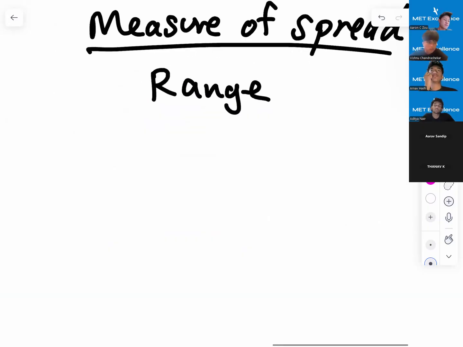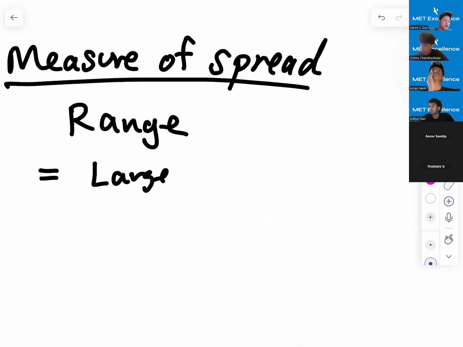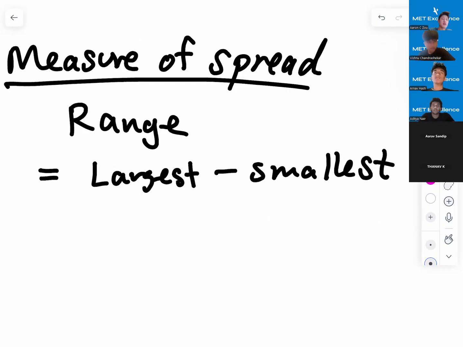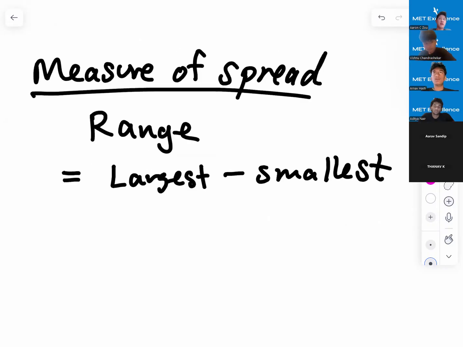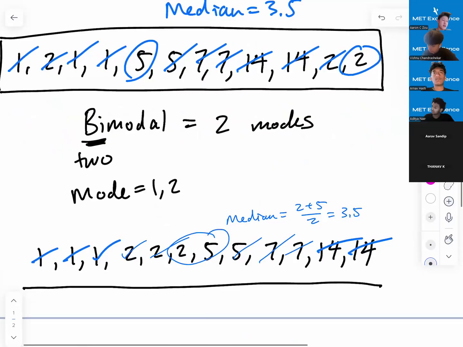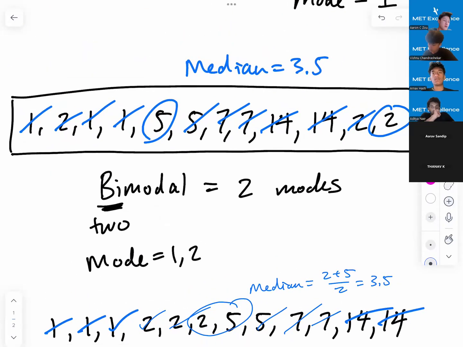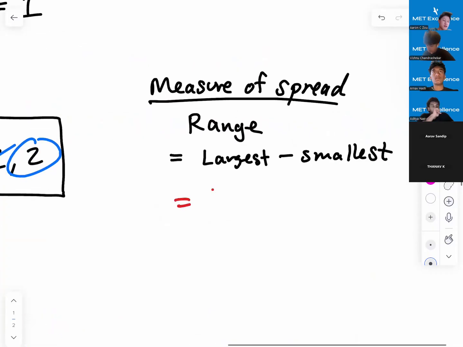The range is the largest number minus the smallest number. So this is pretty simple. If we want to find the range of our data set back here, I know there's a lot of writing on here, but the range would be 14 minus 1. So 14 is the largest number, 1 is the smallest number, so the range is 13.